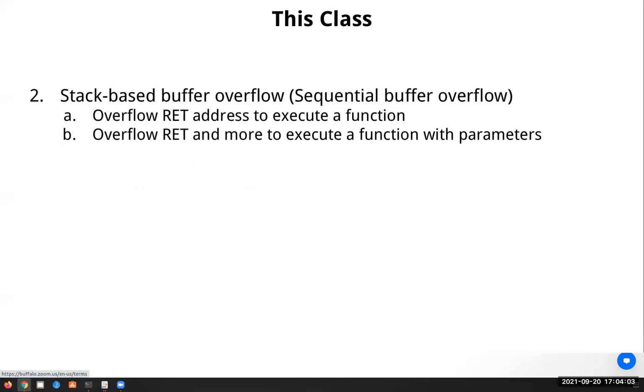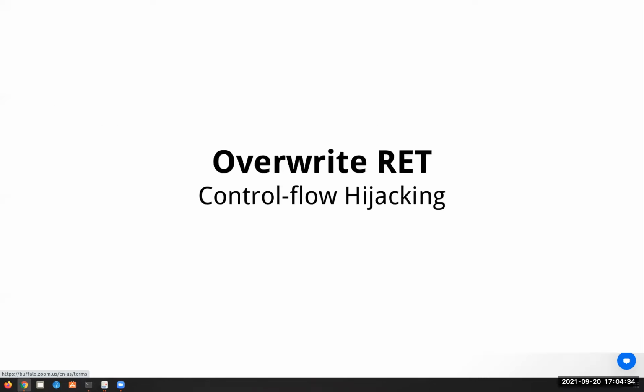In this class, we are going to overflow the return address to execute a function in the same address space of your program. Not only can we execute one function using this approach, we can actually execute many functions, and we can call functions with different arguments. So that's what we're going to do.